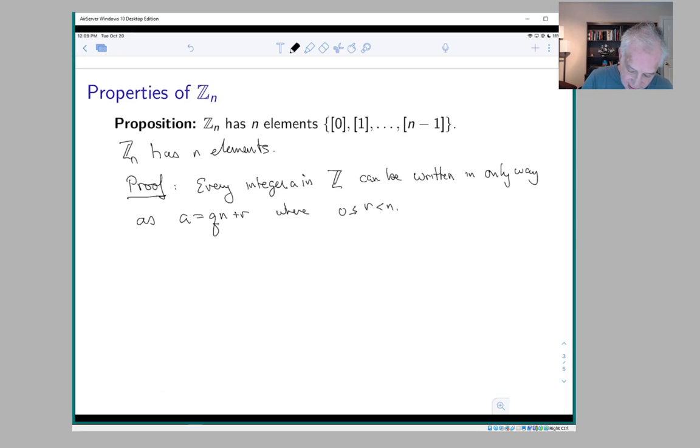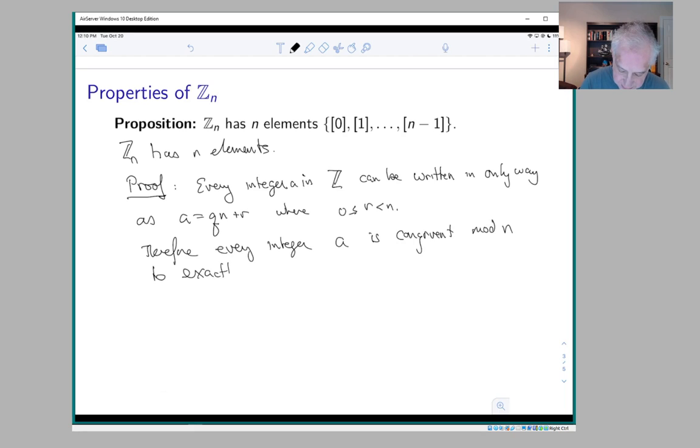Notice that, therefore, every integer a is congruent mod n to exactly one r between 0 inclusive and n minus 1 inclusive.